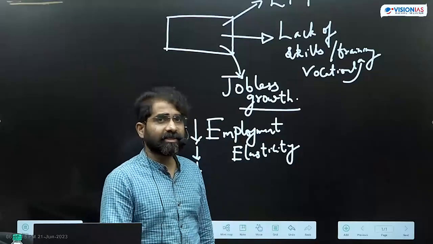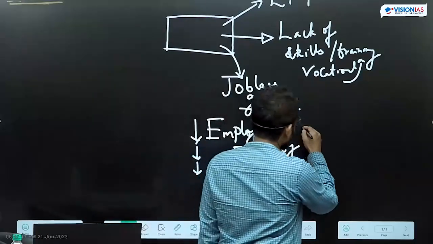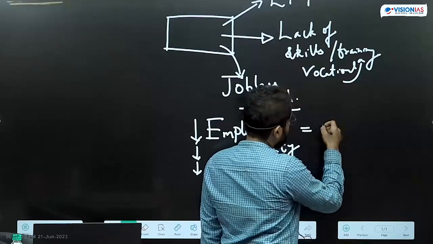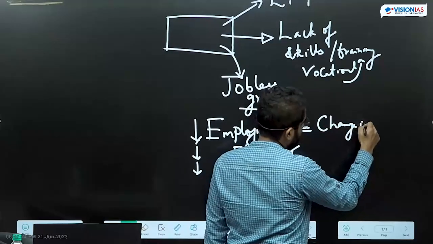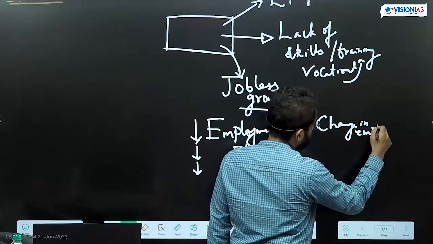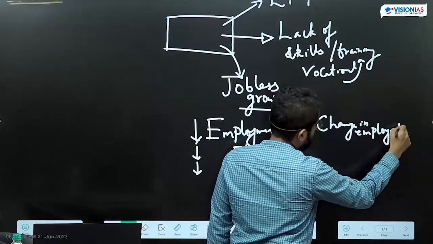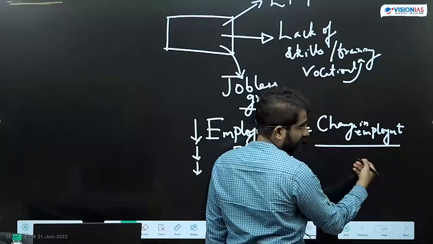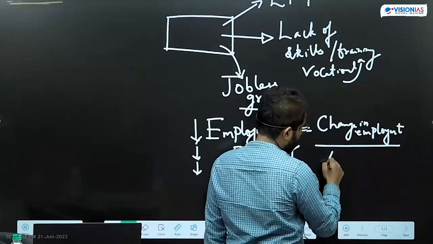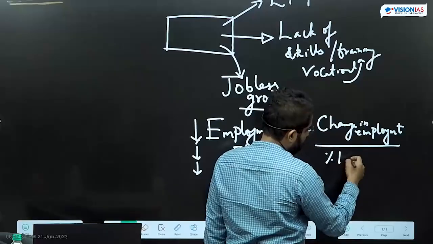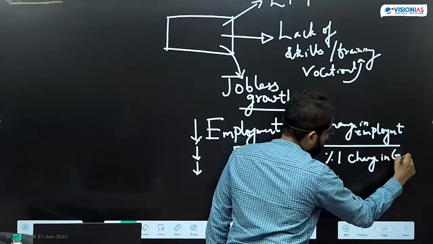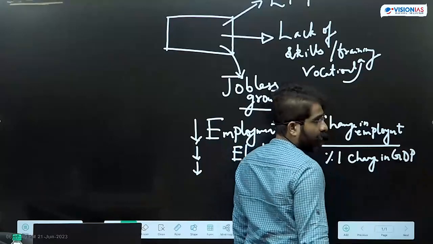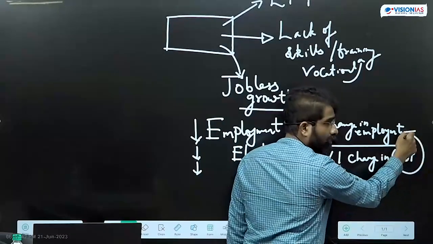Employment elasticity is something like change in employment to change in GDP. So for example, every 1% change in GDP, what is the change with respect to employment?